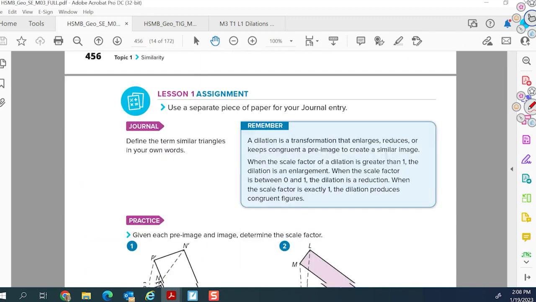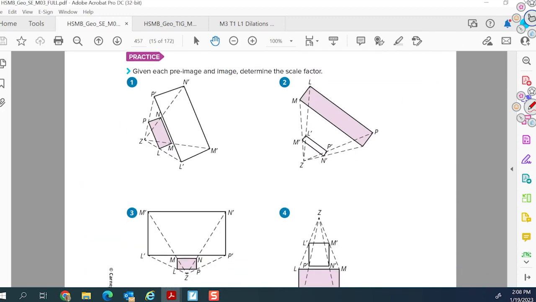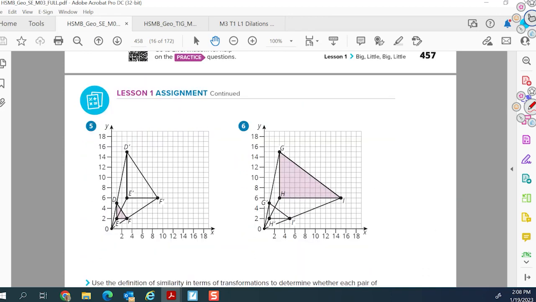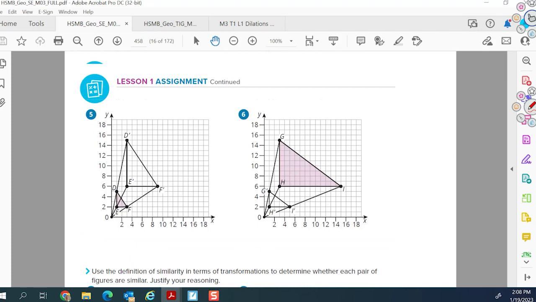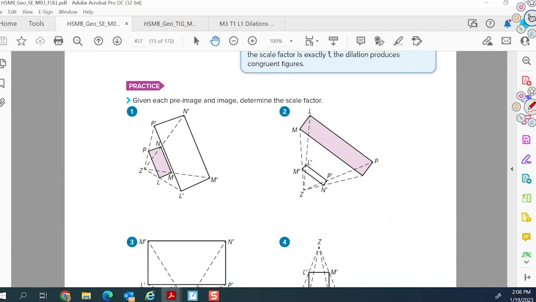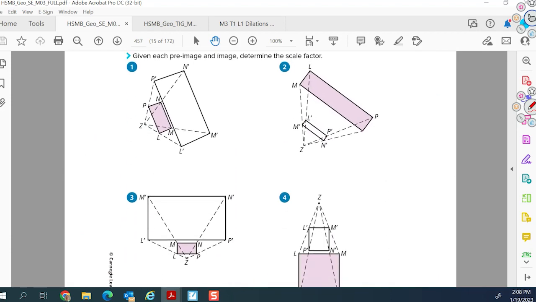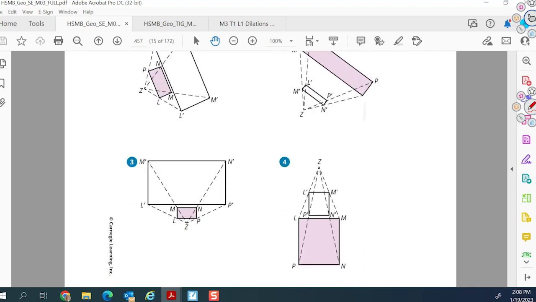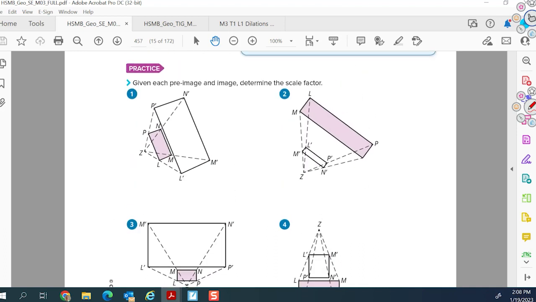I think we've hit all of our objectives. The homework is on pages 457 and 458, numbers 1 through 10. If you're in class, there's an answer key at the back of the room. If you are one of my students, the answer key is also in Google Classroom. But try these out. Be very careful on 1 through 4 that you notice the primes.